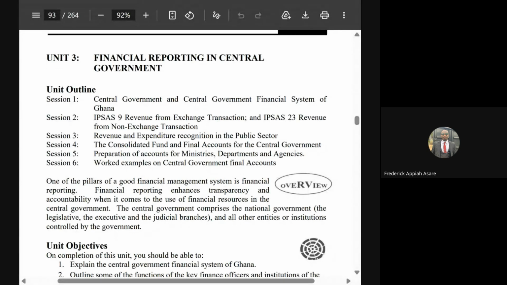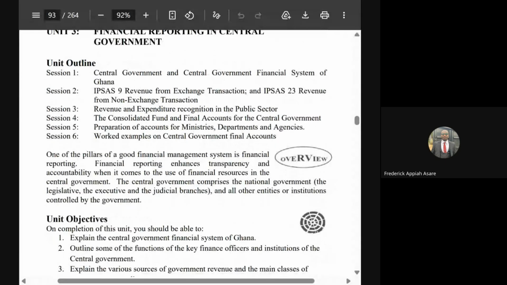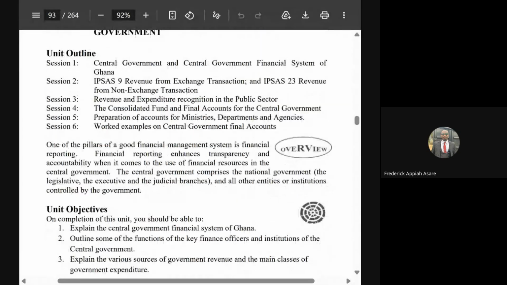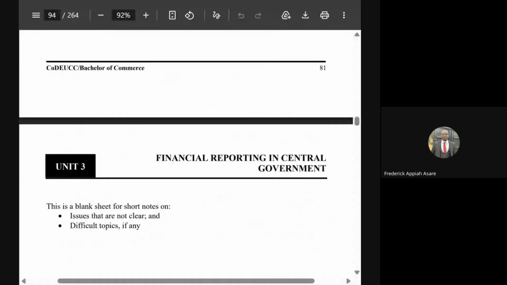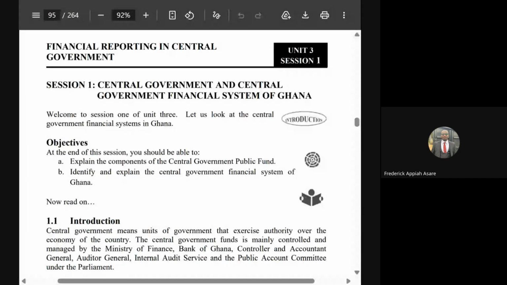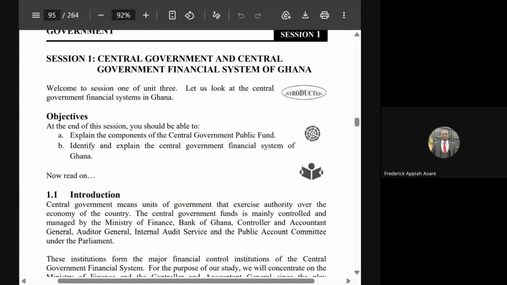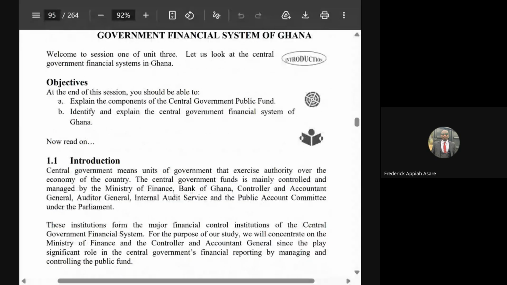So we will look at how they report on their accounts. In this section we are going to look at how the central government reports its accounts.